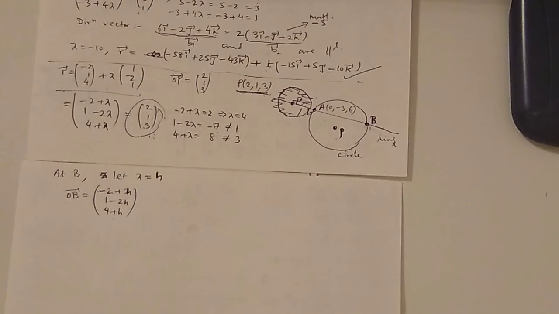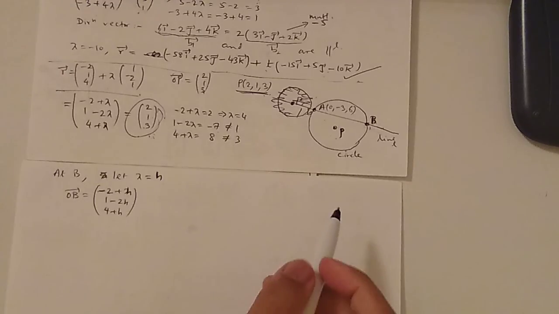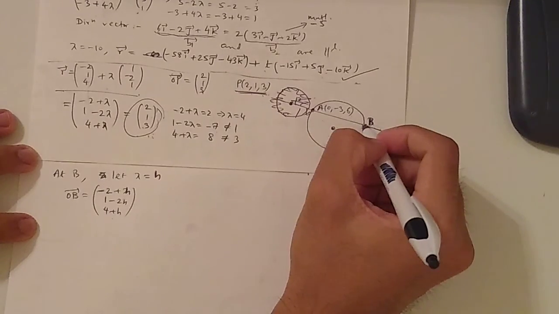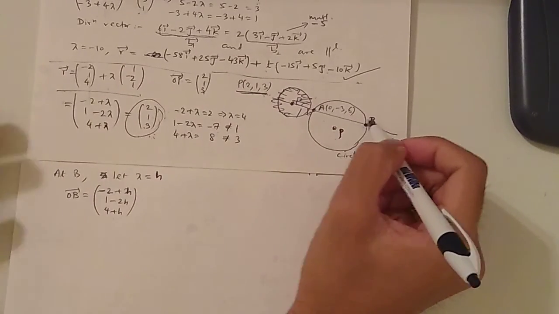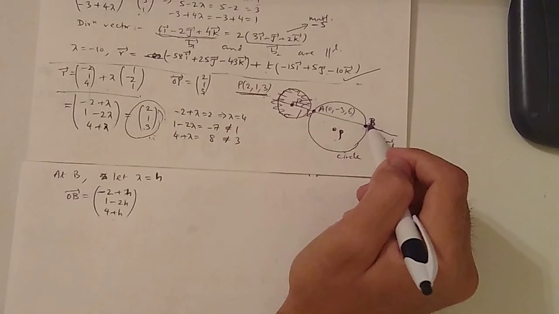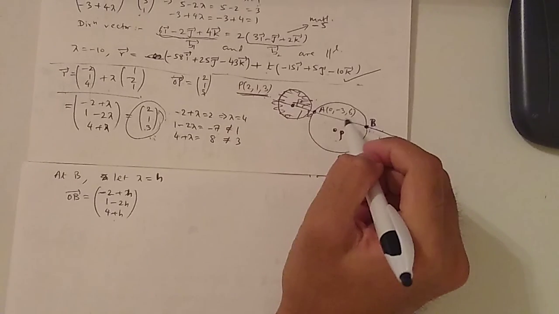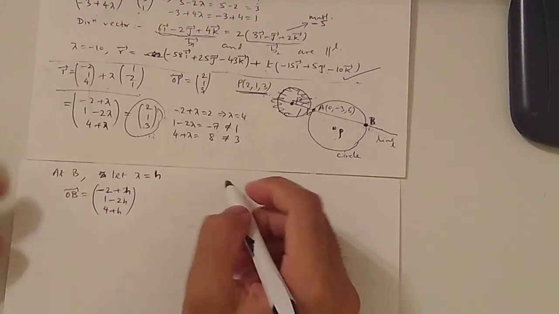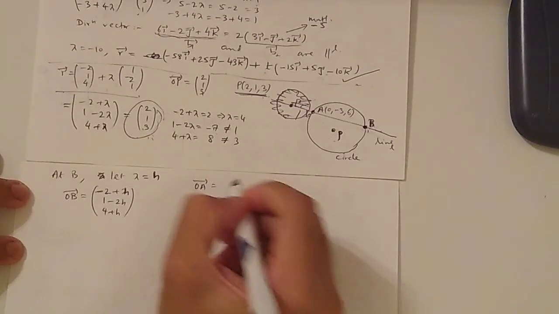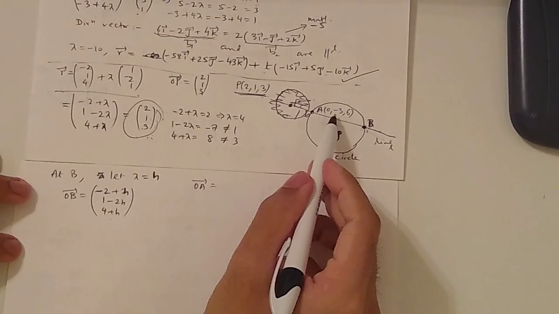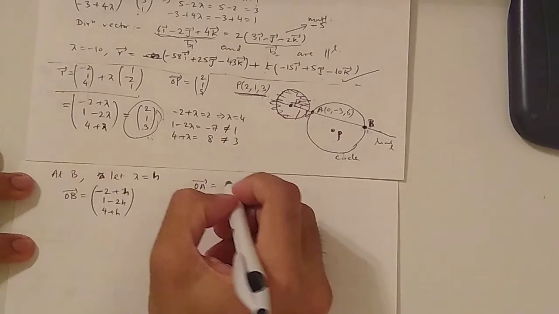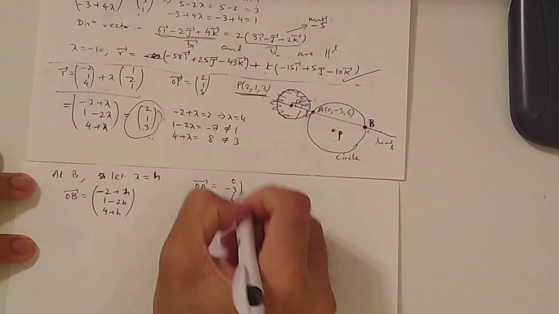So we now have the position vector for B. We have the position vector for A, OA is equal to 0, minus 3, 6.